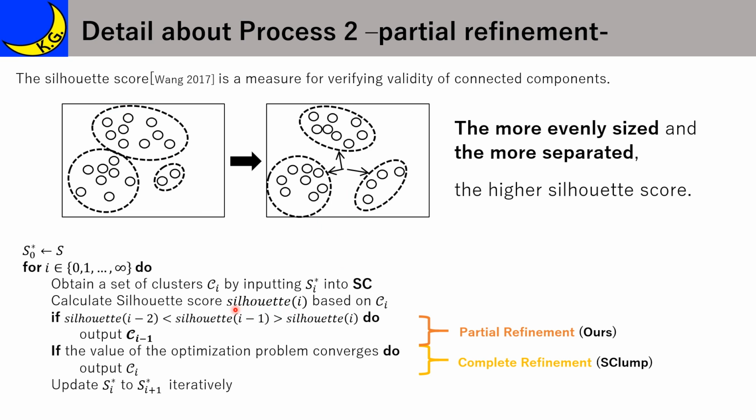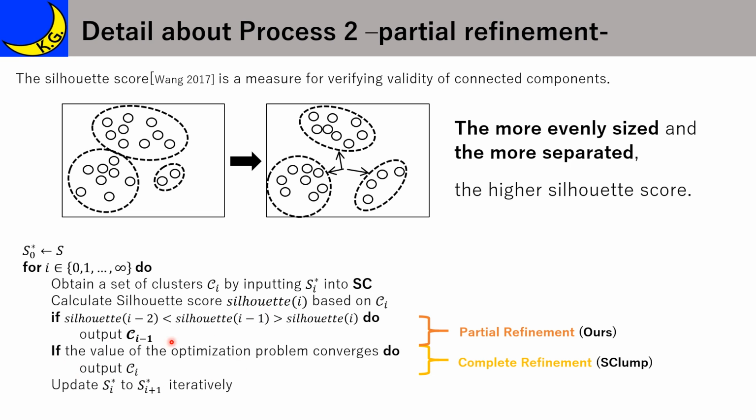The silhouette score silhouette_i for each iteration i is calculated based on the clusters Ci. We obtain a set of clusters Ci by inputting Si into spectral clustering, where Si is updated i times using the iterative update approach.